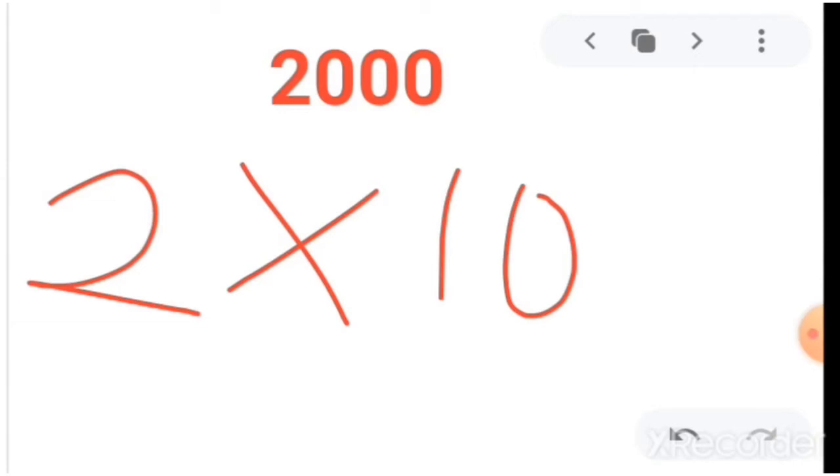So let us count together. 1, 2, 3. The decimal point has moved 3 places and has come in between 2 and the first 0. So the power of 10 is 3. 10 raised to the power 3 is 1000, and 2 times 1000 will give us 2000.